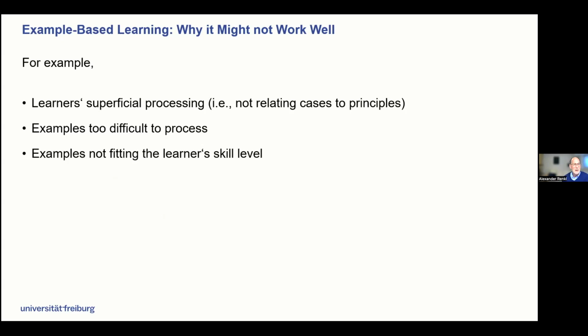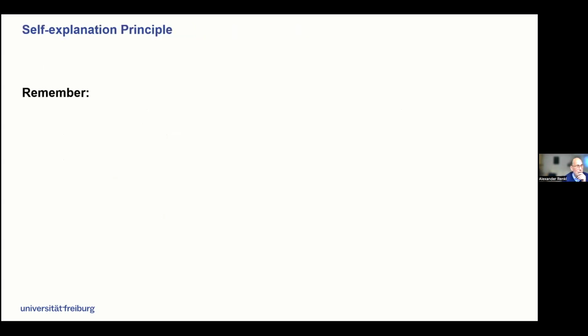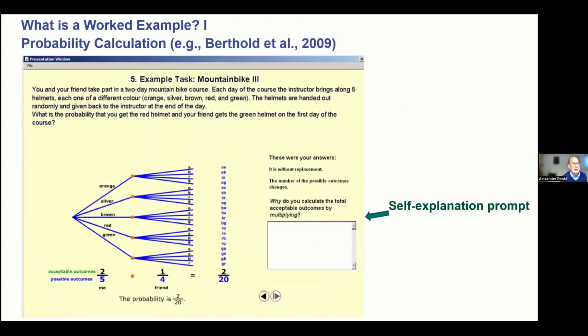Maybe if they have already progressed, I annoy these people with redundant worked examples, and instead it would be better, because they have understood the basic rationale, to give them problems to be solved. So let's go to these 3 points, and remember, to prevent superficial processing, we give these self-explanation prompts.